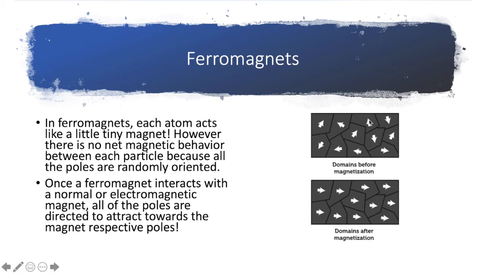We can see here there's a little demonstration picture. We see that these domains in each atom are all randomly oriented. And that's why a ferromagnet doesn't actually just move, because there's no direction that these are all moving towards. So the object itself isn't going to move. But once a ferromagnet interacts with another ferromagnet or an electromagnet, all the poles are going to be directed to attract towards the other magnet's respective poles.